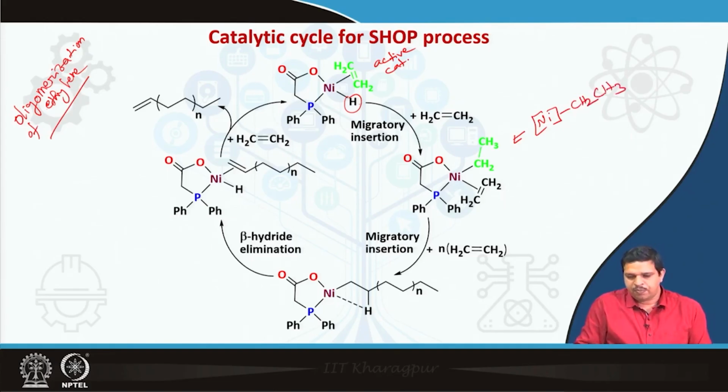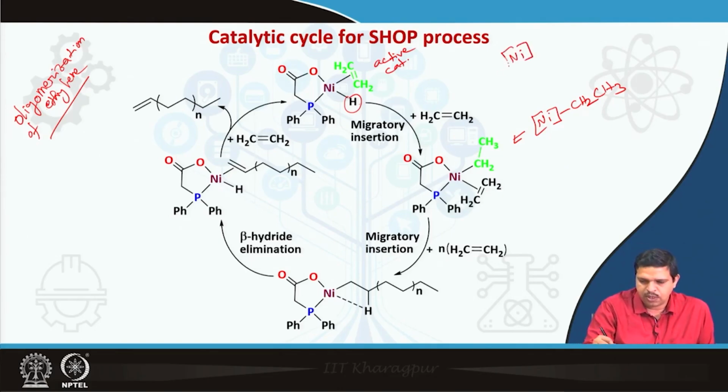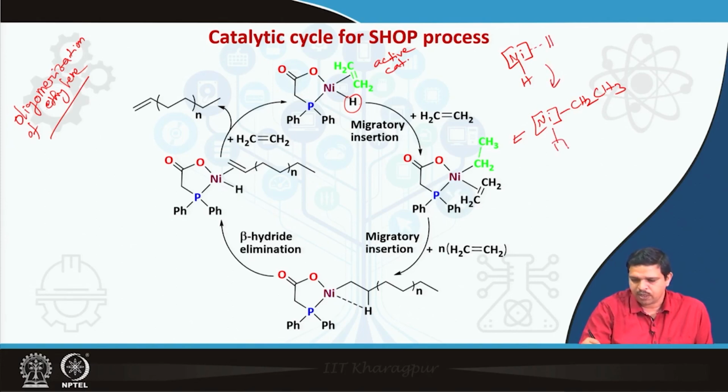From here, again there will be another vacant position, and this vacant position is coordinated by another molecule of alkene. Throughout this, the migratory insertion will be repeated.